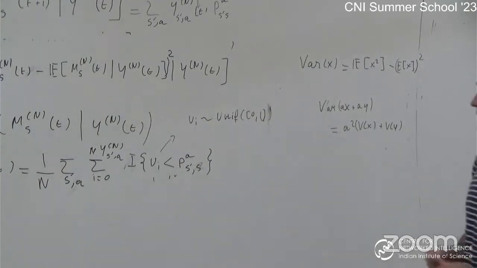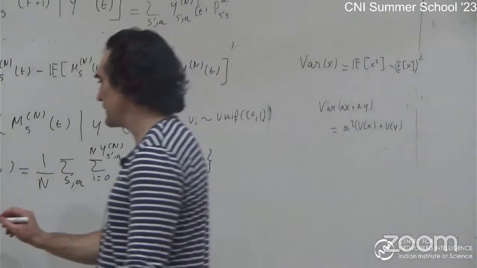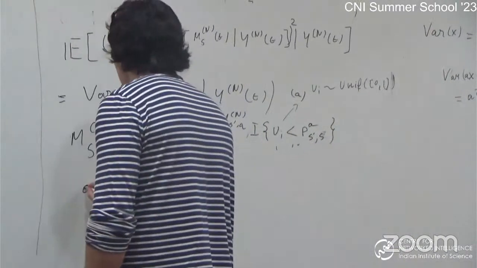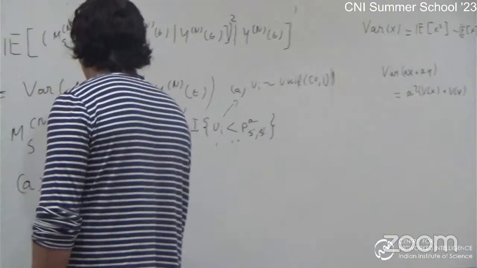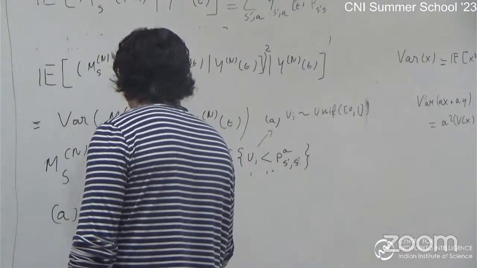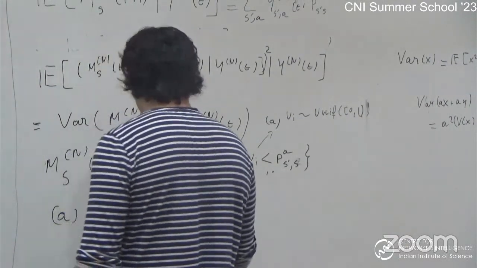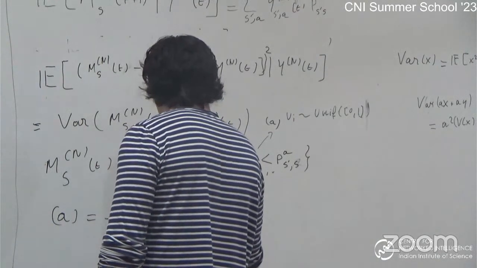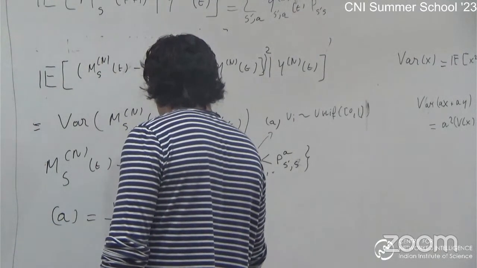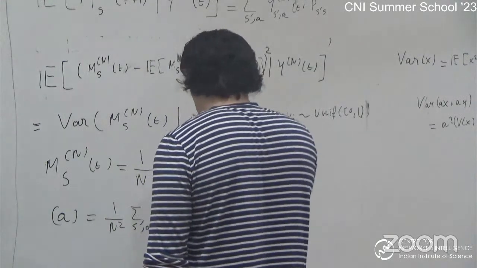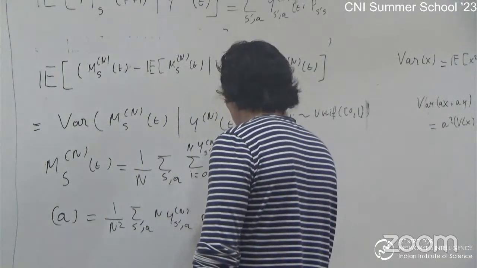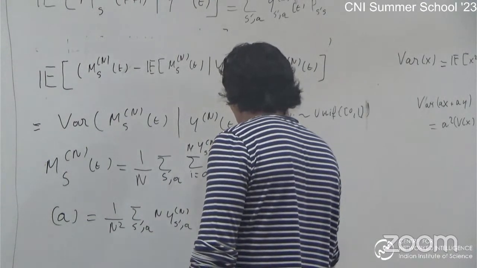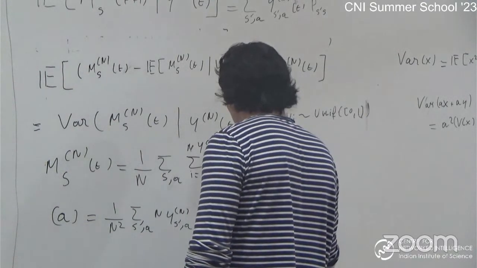So if I just look at the variance of this, let me call this A. A is equal to 1 over n squared, summation over s prime, a of n y s prime a, p of s prime given s, a multiplied by 1 minus p of s prime given s, a.